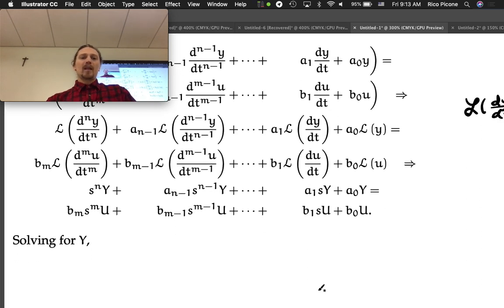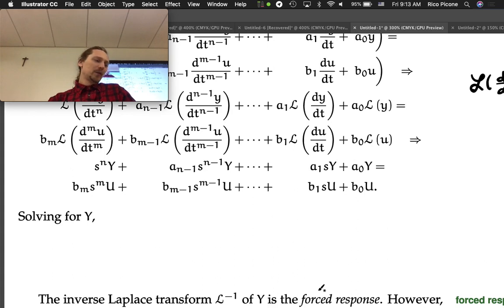Okay. So now this equation is no longer a differential equation in the Laplace domain. It's an algebraic equation, which is probably the number one powerful aspect of Laplace transforms: it takes things from the differential equation solving realm into the algebraic solving realm, which is really nice. So we can solve for y.